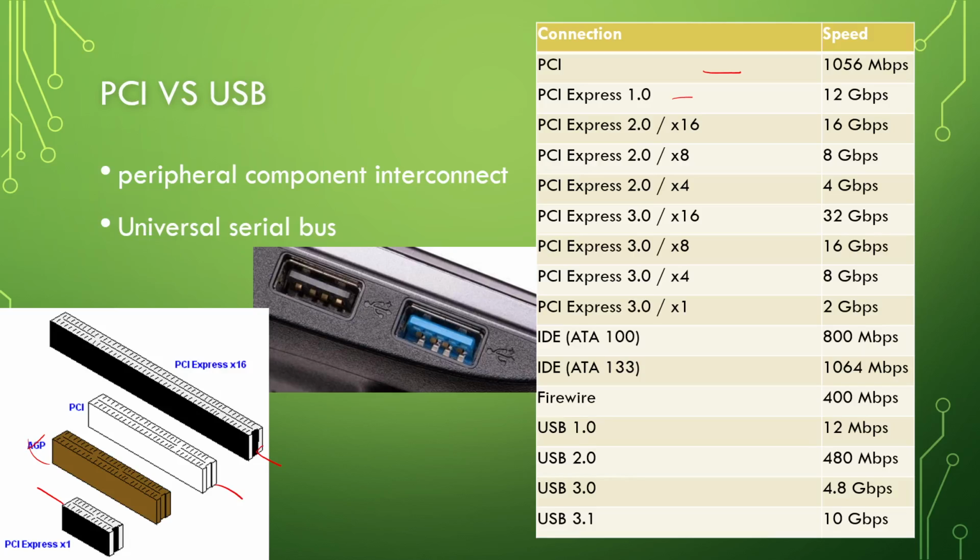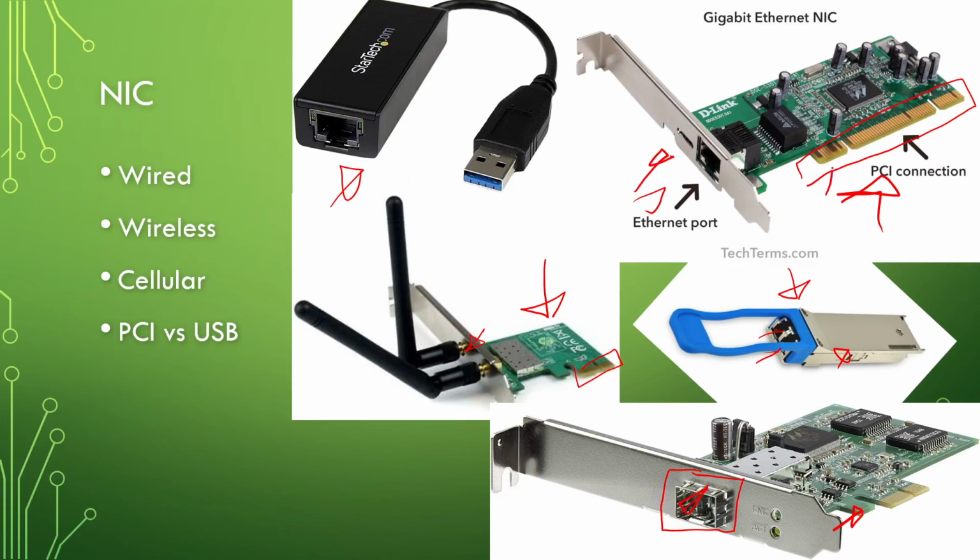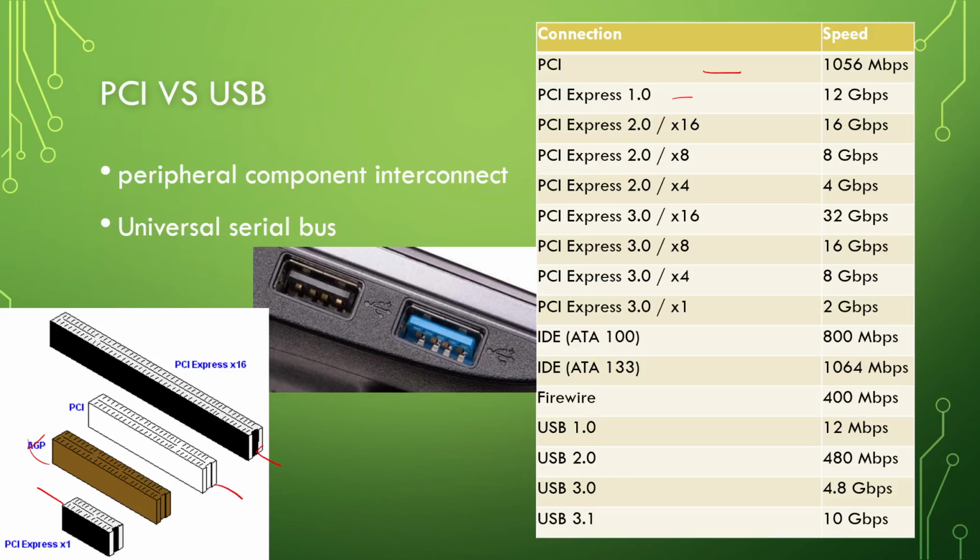But that PCI Express 1 is just the standard. Nowadays, remember how we saw those different size cards? The connections actually plug into the computer. That's because we have different width slots. So here you can see we have by 4, by 8, by 16. And when we get to PCI Express 3, we go down to a by 1 lane, actually.